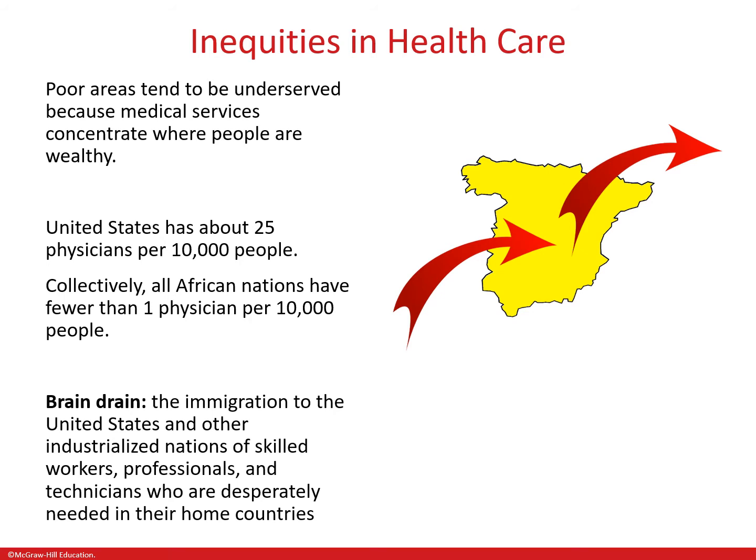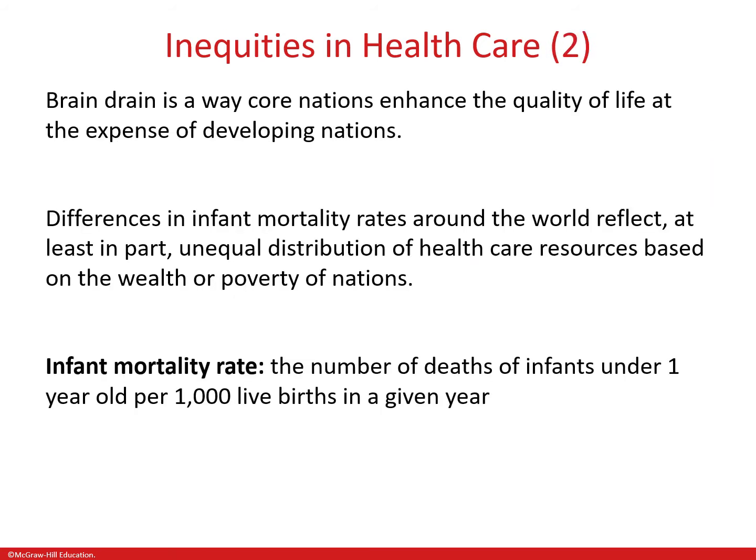Doctors, nurses, and other healthcare workers leave developing countries to come to industrialized nations. The brain drain is a way that core nations enhance the quality of life at the expense of developing nations.